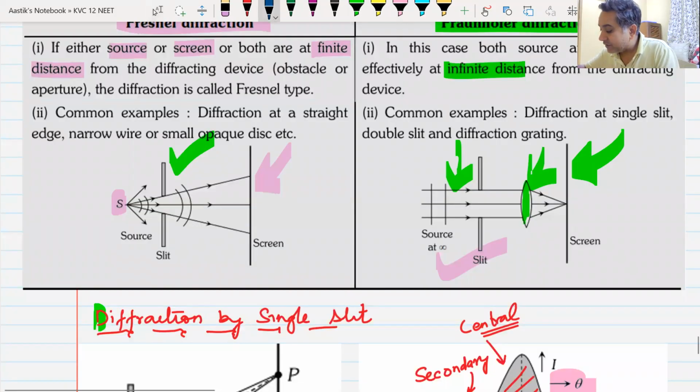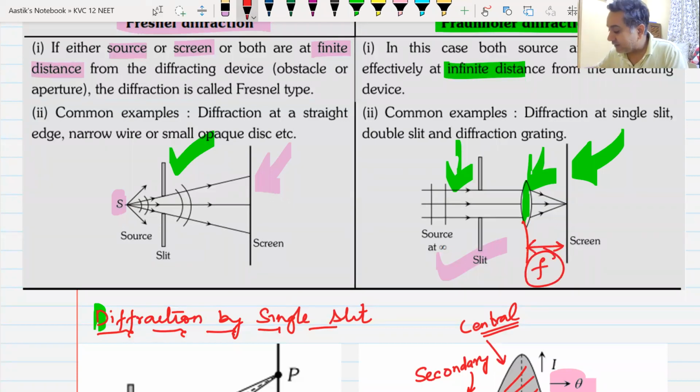So basically what it means is, this F is effectively the distance between the source and the screen. Do we understand this, bacha? Yes, sir. So remember, for Fraunhofer diffraction, 2 times lambda into F by D would be your answer. I hope everyone has understood this. Yes or no?